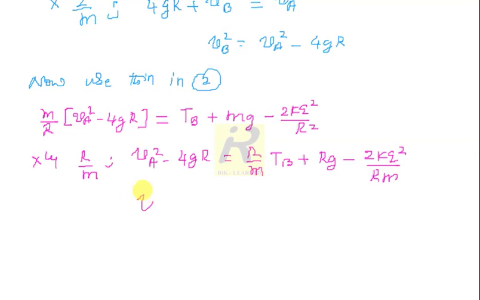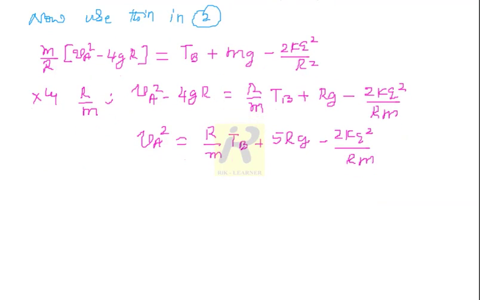And finally, va square is equal to r divided by m into TB plus 5rg. When I bring this 4rg to this side, it becomes 5rg minus 2kq square divided by rm. See, this is what I got.